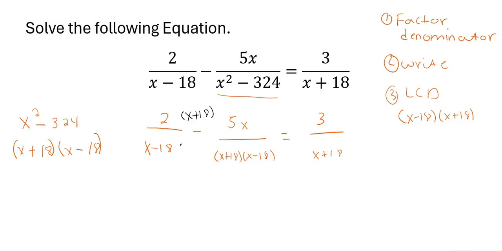The second fraction already has both of them, so it's not missing anything, so I'm moving on. And then the last fraction is missing x minus 18, so I am going to do that. Now, that step that I did, step 4: multiply top and bottom by what is missing from the LCD.